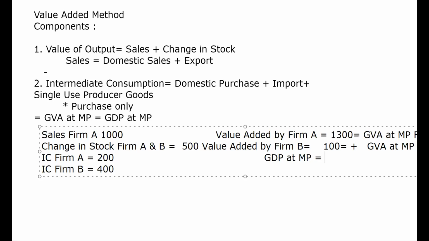What would be the value of GDP at MP then? 1400. Very good. 1400 crores.